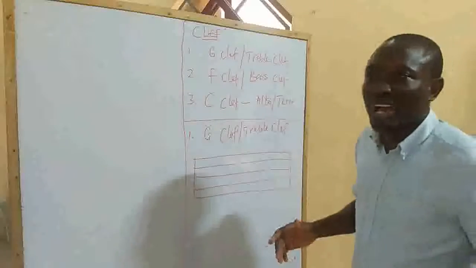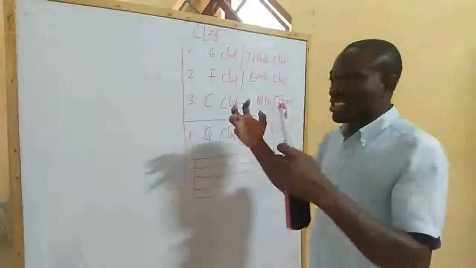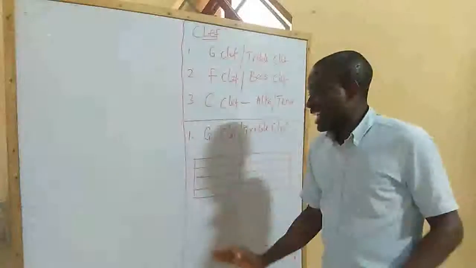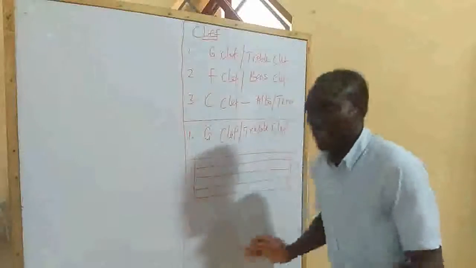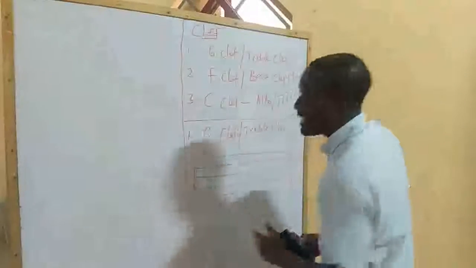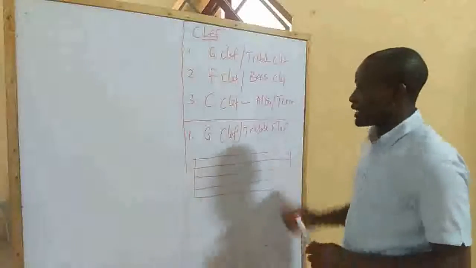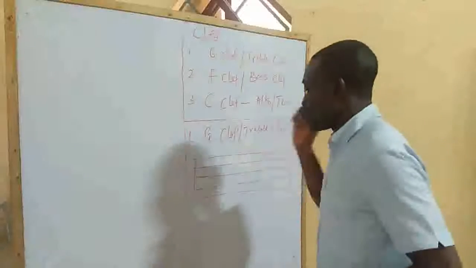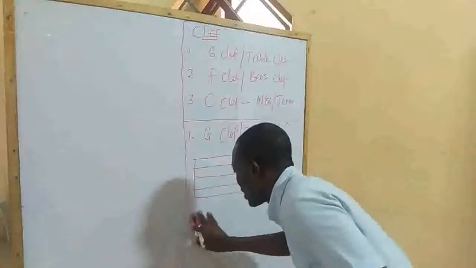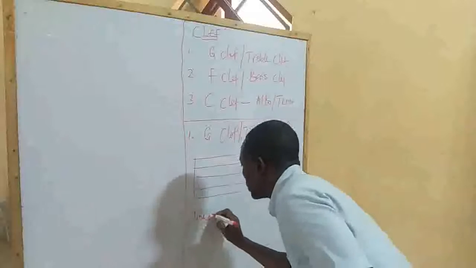The clef is defined as a sign placed at the beginning of a stave. Now, this is my stave. But look at it. G clef, you must start from line 2.